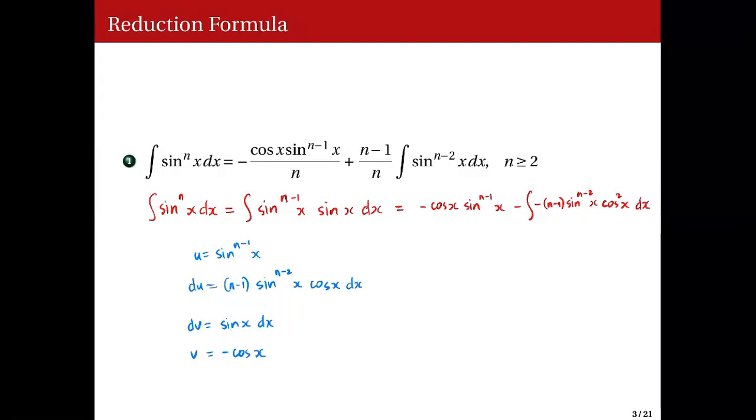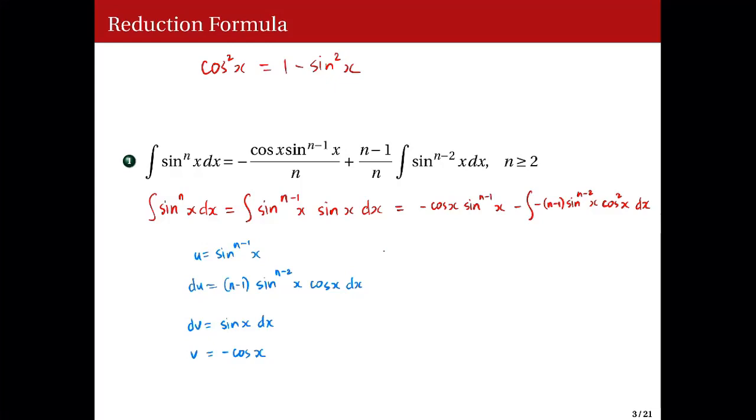But for cosine squared x, we need the following: cosine squared x is equal to 1 minus sine squared x. So we will now replace the cosine squared x here by 1 minus sine squared x.